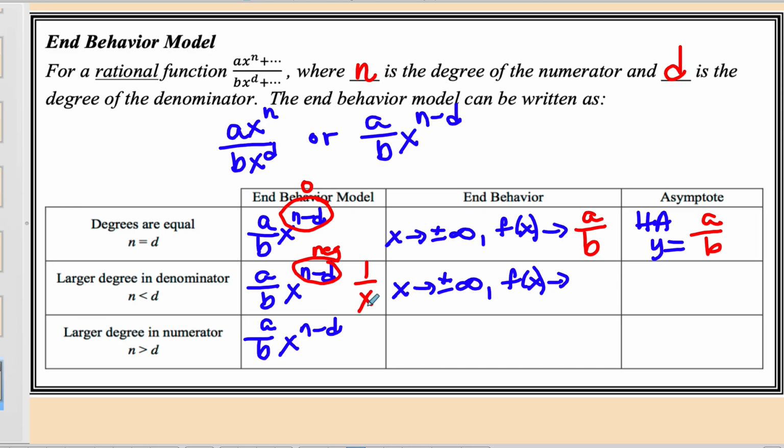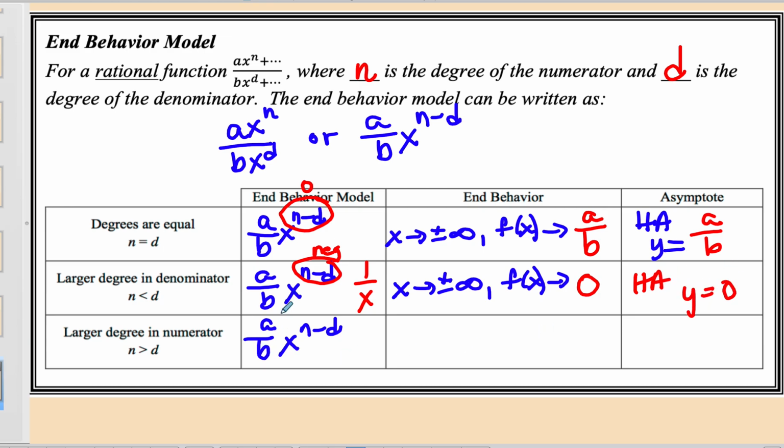And when that happens, the denominator here is going to grow as x goes to positive infinity or negative infinity, which means this whole fraction gets closer and closer to 0. And when it gets closer and closer to 0, a over b times 0 means that the function is getting close to 0. So the horizontal asymptote will be y equals 0.